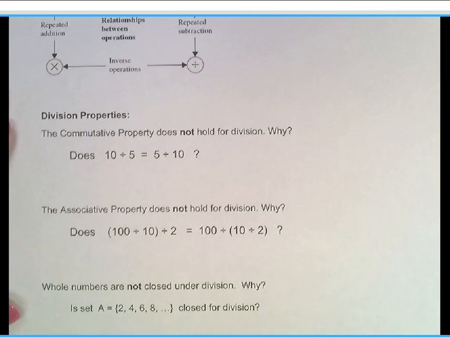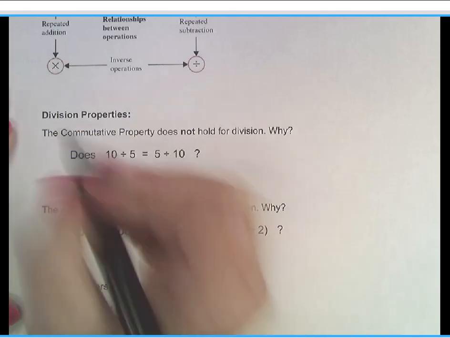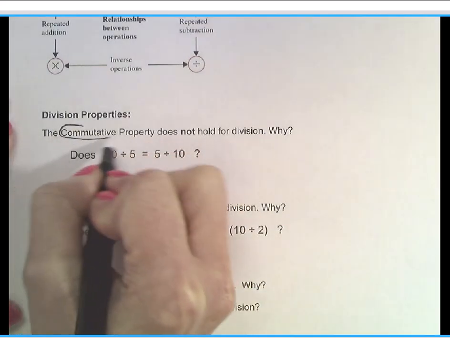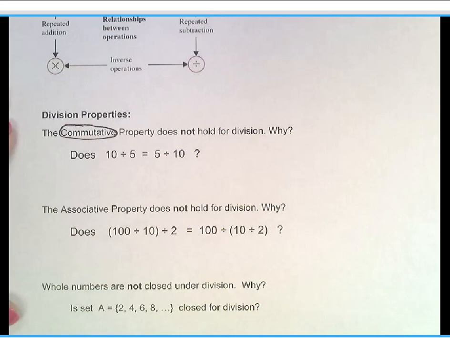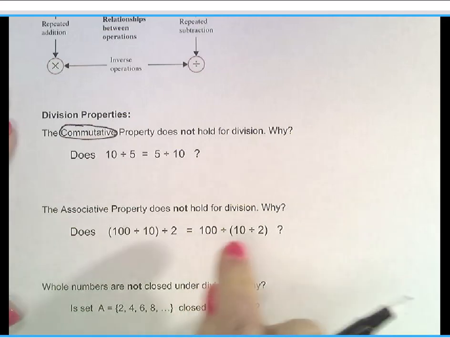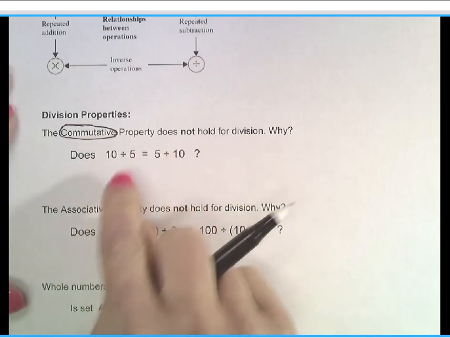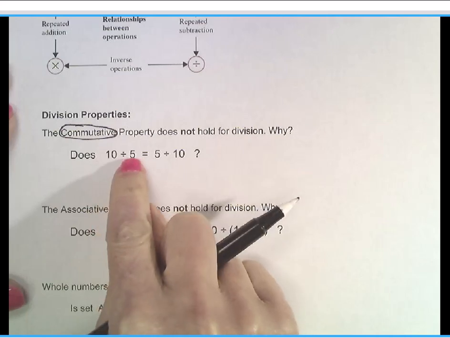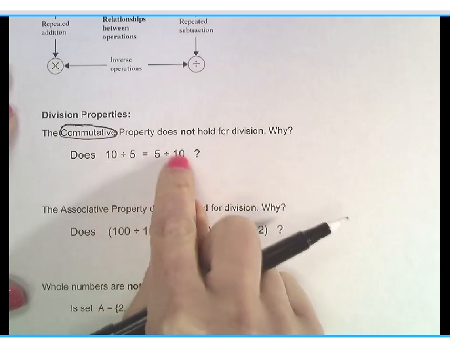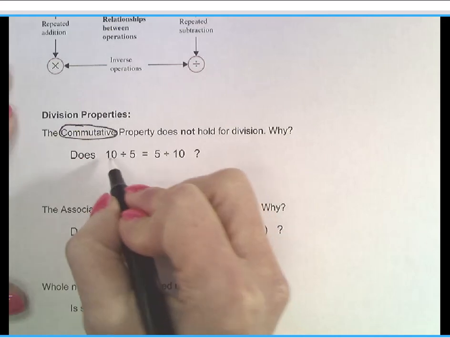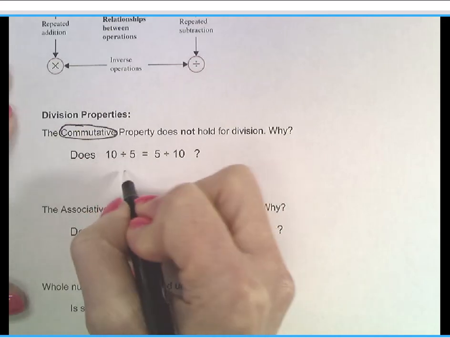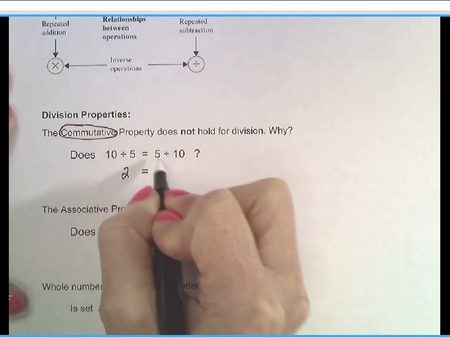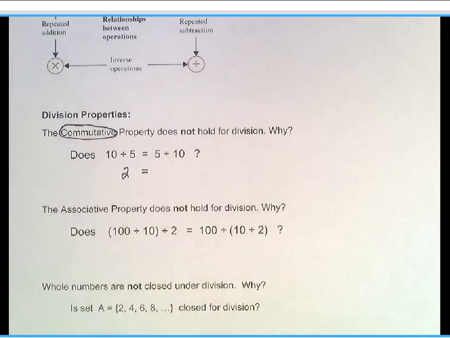So the commutative property, remember, to commute means to move. So if we want to move the numbers, does that work in division? Can you switch the numbers and get the same answer? So I just came up with a quick example here. 10 divided by 5 versus 5 divided by 10. Are they the same? Well, 10 divided by 5 turns out to be 2. If you do 5 divided by 10, we haven't even gotten to this part yet because we're really just dealing with whole numbers.